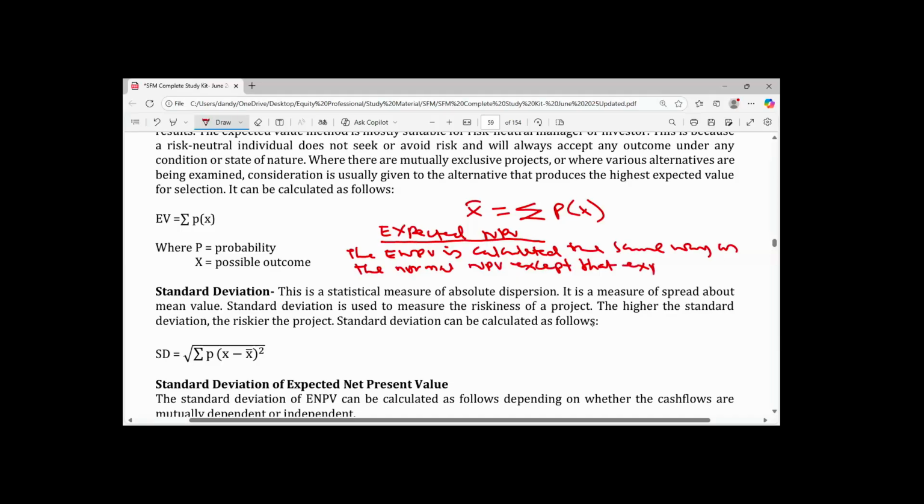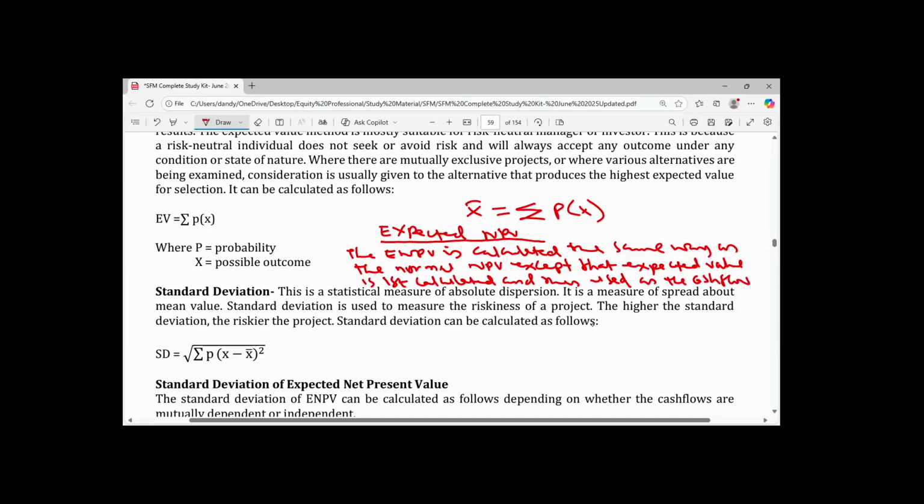expected value is first calculated and then used as the cash flow when computing NPV.